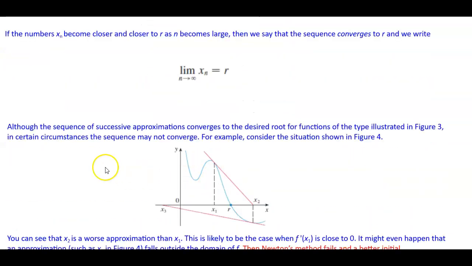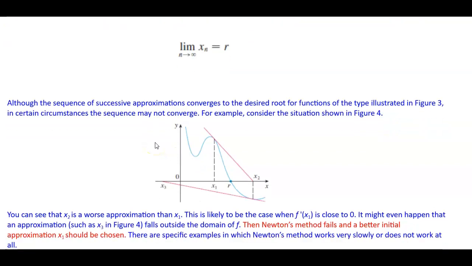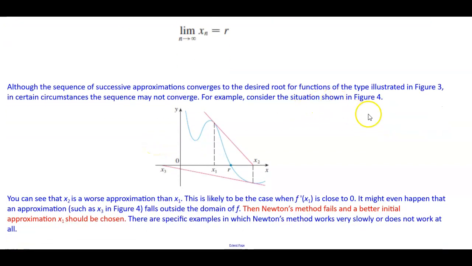Although the sequence of successive approximations converges to the desired root for functions of the type illustrated in Figure 3, in certain circumstances the sequence may not converge. For example, consider the situation shown here. There is r, x1, x2, and x3. You can see that x2 is a worse approximation than x1.